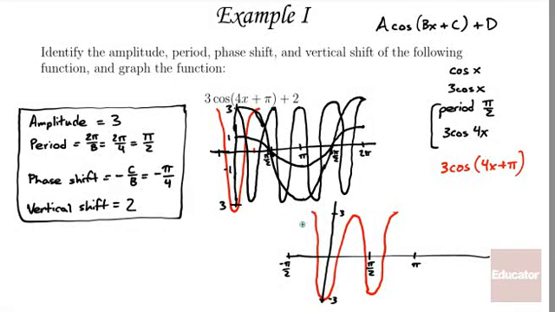So remember the red one is the previous graph shifted over by negative pi over 4.